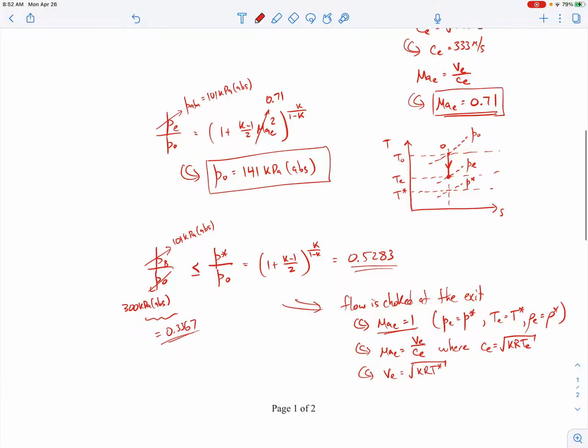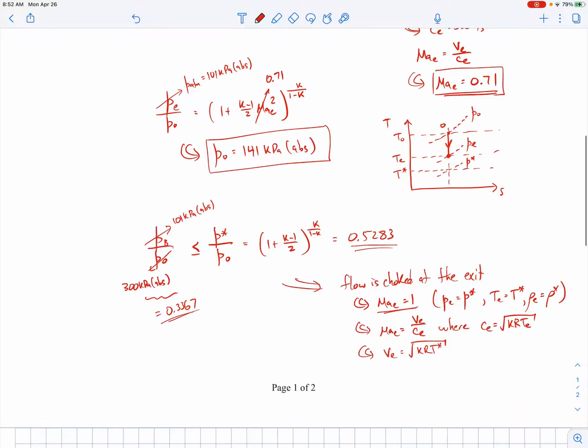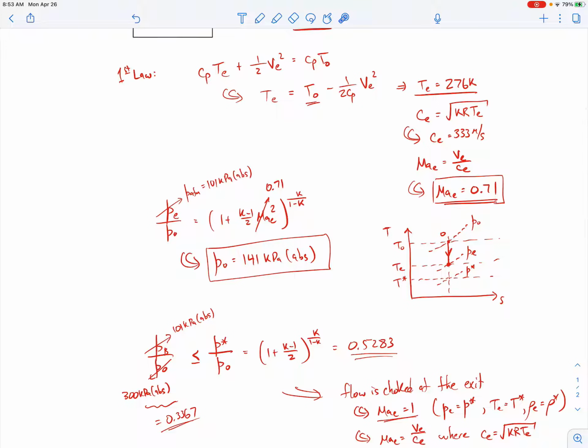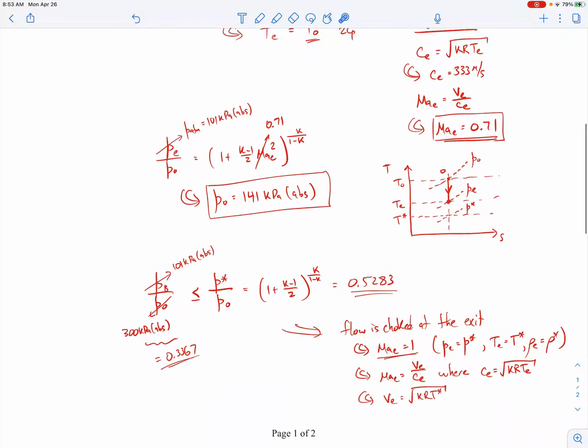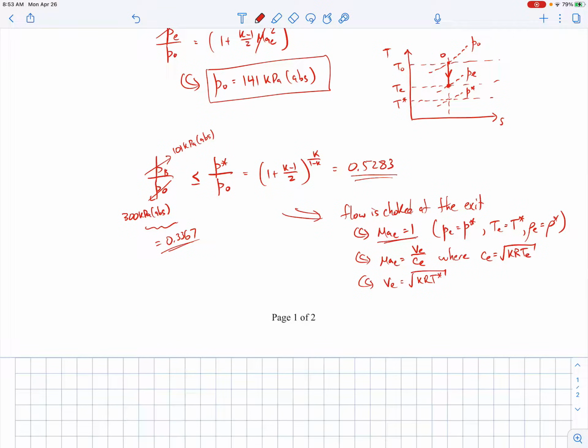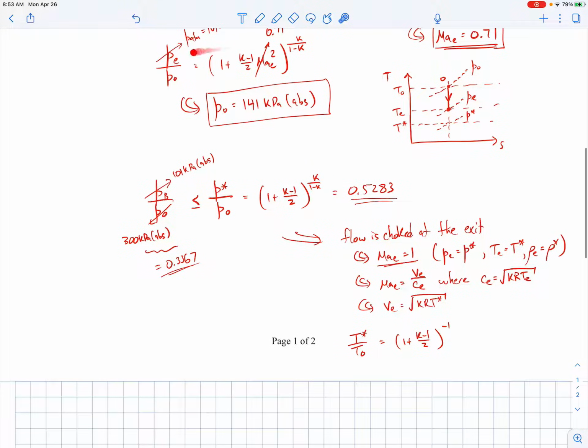To find the sonic temperature, I can go back to this relation. Well, I guess I didn't write it, so let me write it down here. T star over T naught is (1 plus (k minus 1) over 2) to the minus 1 power. This comes from the course notes. It's basically an expression that looks similar to this one, but for temperature, with the Mach number equal to 1.